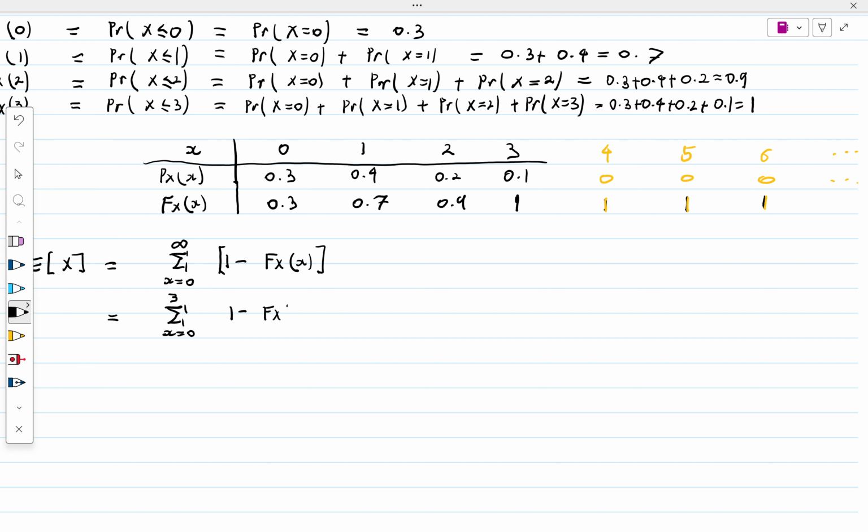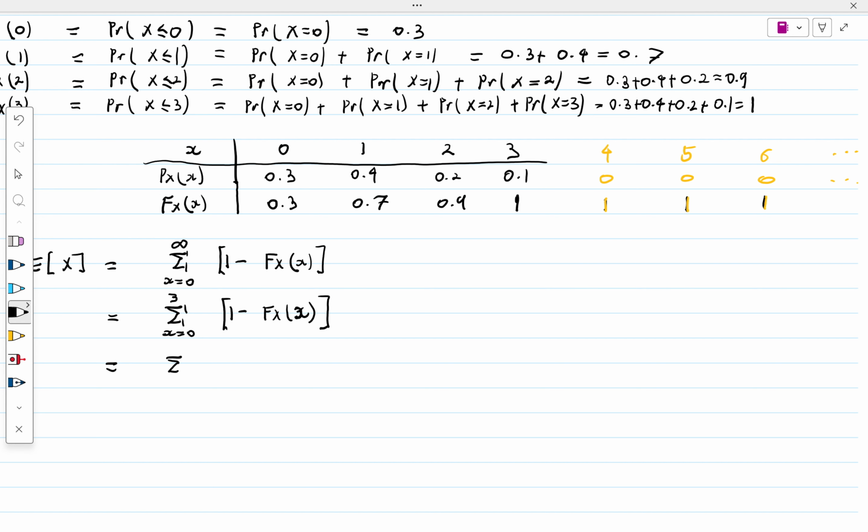I can simply go up to the maximum value of x in our distribution, which is 3. Because once I go to 4, 1 minus the cumulative distribution function is just 0. So anything beyond the maximum value of 3 is 0, and we don't have to worry. So that definition can be altered.